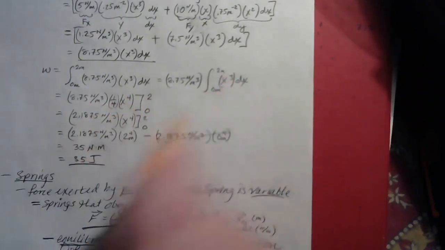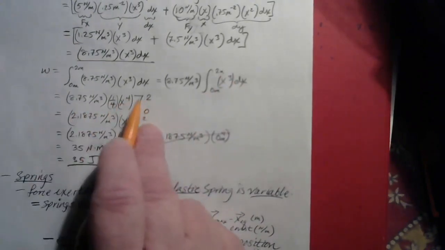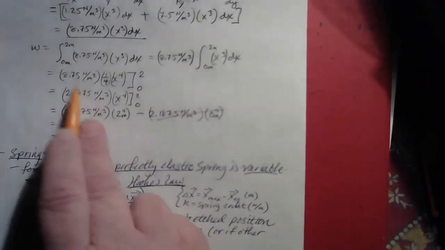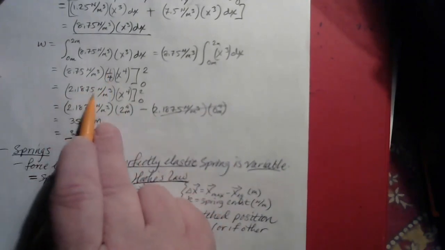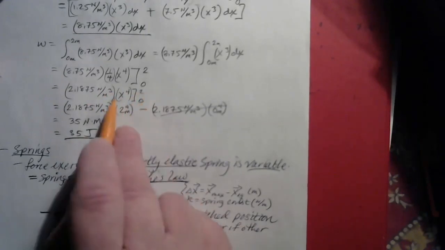That is the integral of x to the third dx, and that would go from x values of 0 to 2. 8.75 times 1/4 is 2.1875 newtons per cubic meter times x to the fourth from 0 to 2.